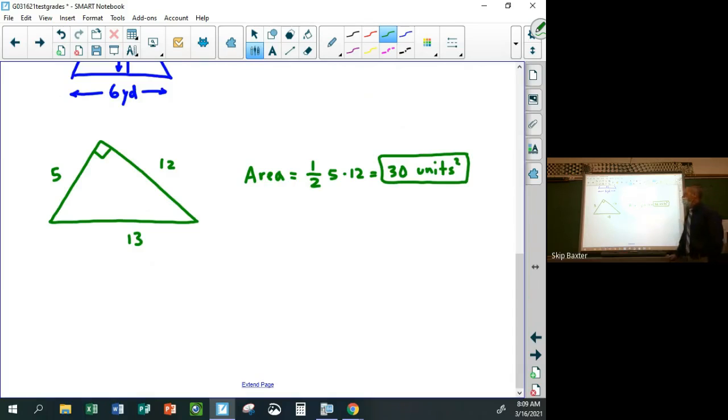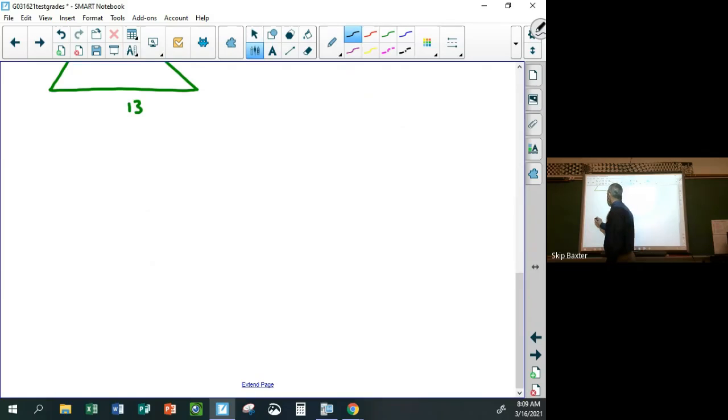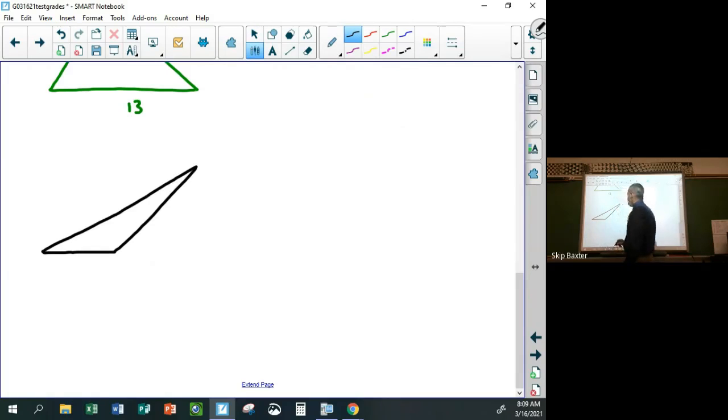And same thing goes for, they might give you an obtuse triangle, something like this, just like with the parallelograms. You have to remember that the height has to be measured perpendicularly down to the extension of the base. Okay, so if this is like something like 3.5 centimeters. And maybe they give you this height right here is 4 centimeters.